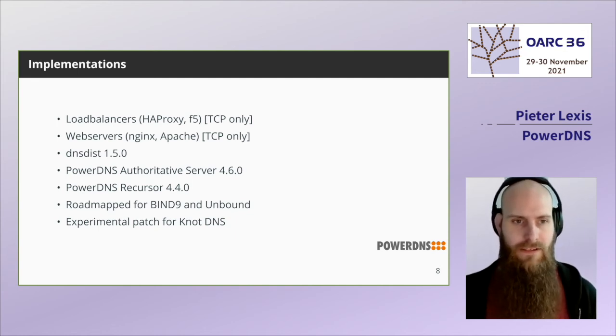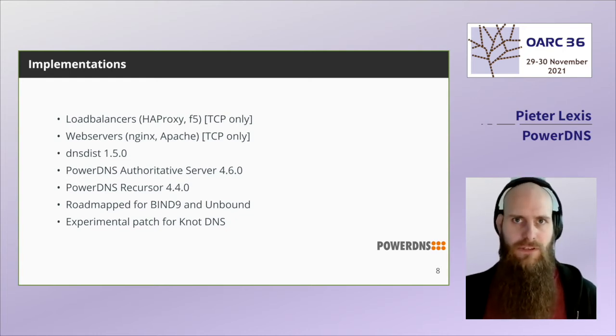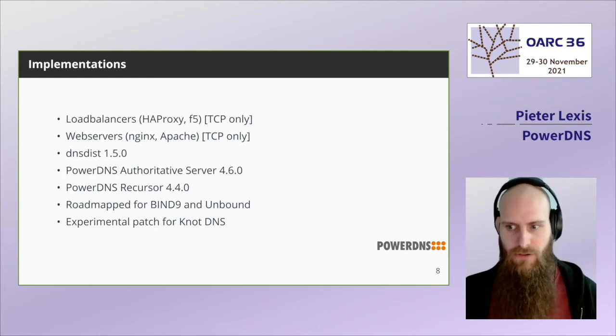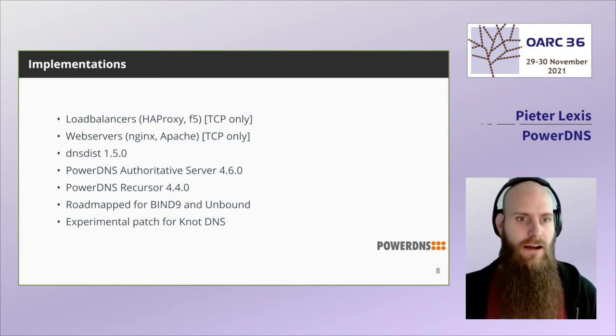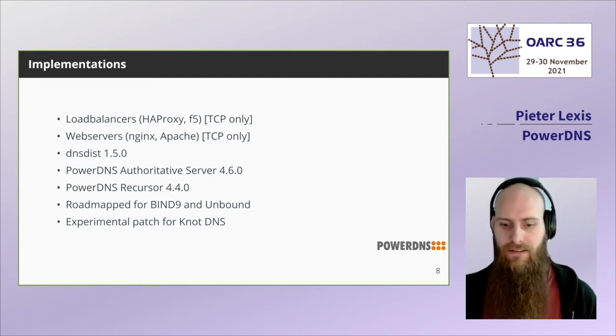We've implemented this in DNSdist 1.5 for outgoing. DNSdist 1.6 also supports proxy protocol incoming, so you could have a chain of proxies there. PowerDNS Authoritative Server 4.6 and Recursor 4.4 support inbound proxy protocol as well, and use it to populate their structures of the original addresses.